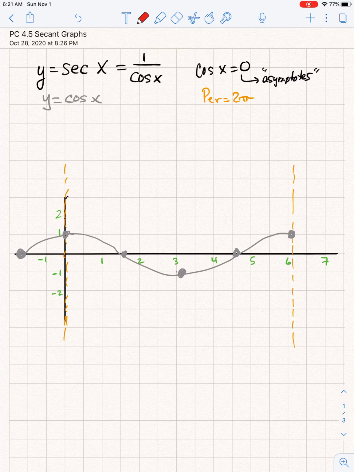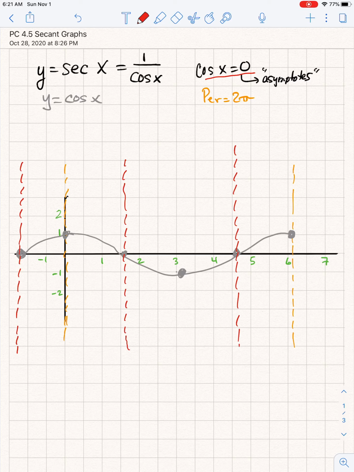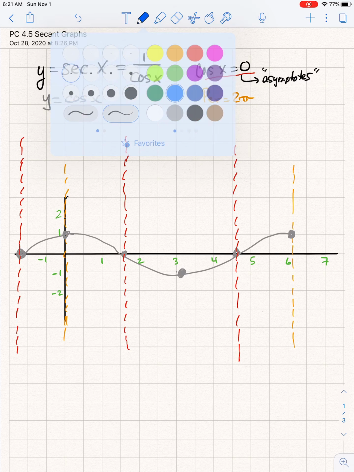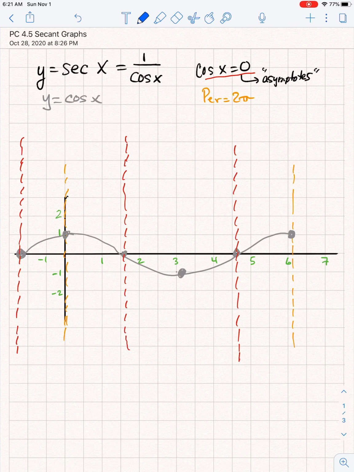All right, so now let's go in and mark our asymptotes. I'll put those in red. The asymptotes are going to be where the cosine is 0. So I have one back here in this extra point I added for us, one here at 1.57, pi over 2, and one at 3 pi over 2, or 4.71. From there, knowing that secant is the reciprocal of cosine, we're just going to flip these over.